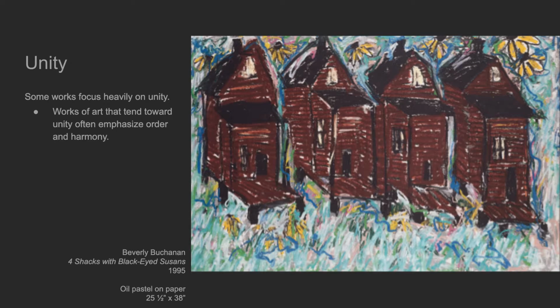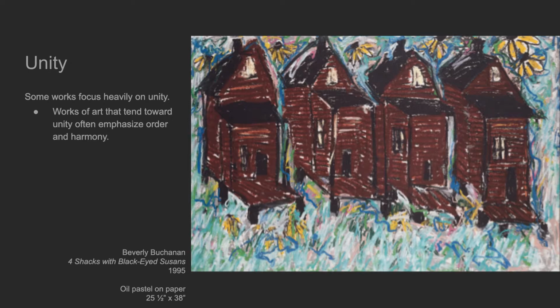Beverly Buchanan. And Beverly Buchanan is something called an outsider artist, meaning the technical definition of the term outsider artist is that she has no formal art education. But often with outsider artists, there's a reason why they don't have a formal art education, and that might be a physical or a mental disability.